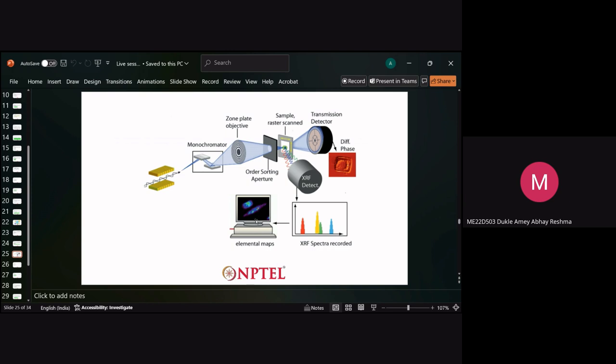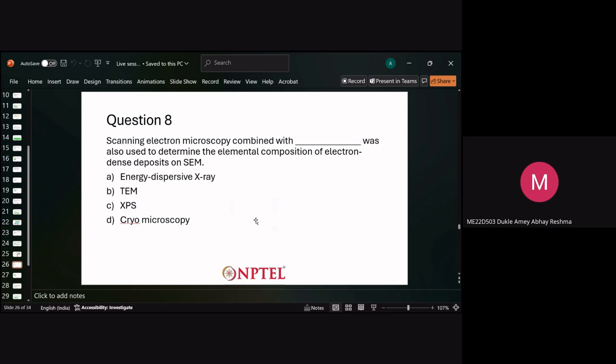Okay, so question number 8, scanning electron microscopy is combined with dash was used to determine the elemental composition of electron dense deposits: SEM, energy dispersive X-ray, TEM, XPS, cryomicroscopy.